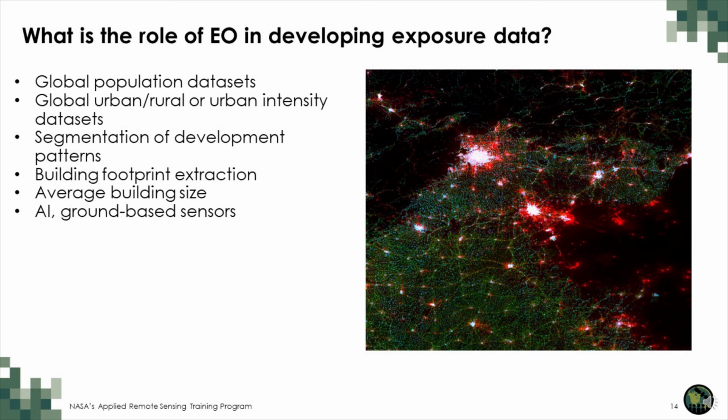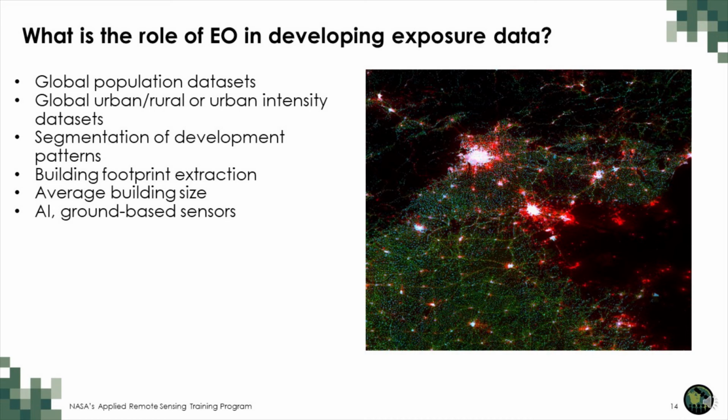Finally, we get directly to the subject of what role EO plays in all of this. First of all, those global population data sets, particularly internationally, are very important, because we can piggyback off all the great work others have done on estimating populations, and then use that as a starting point to estimate the number of buildings.